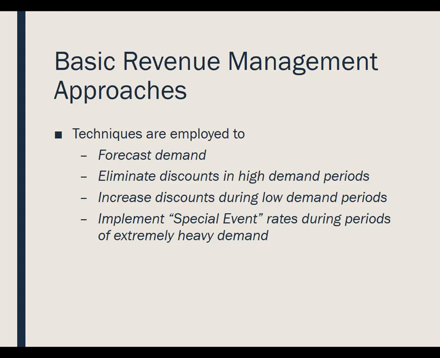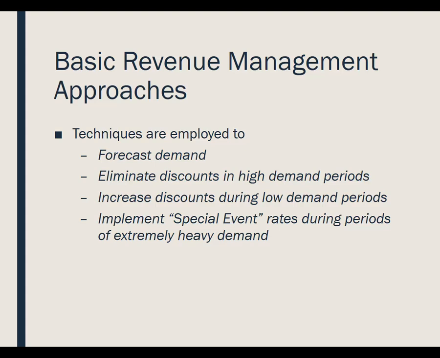So some basic approaches that are used with revenue management in hotels, okay, is what happens is you want to first forecast demand. Okay? When you can start to forecast demand through your historical information, that could be last week, last year, the same month, last month, you want to make sure that you're trying to compare like months, but you'll be able to forecast how many rooms, what you think your occupancy percentage will be.